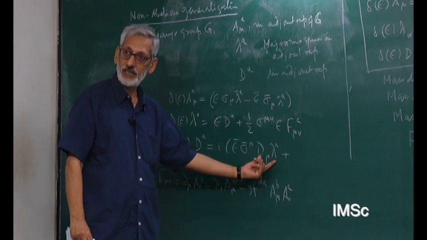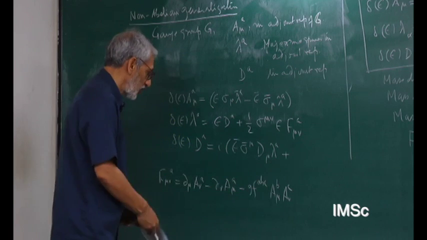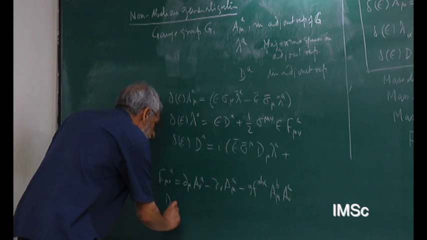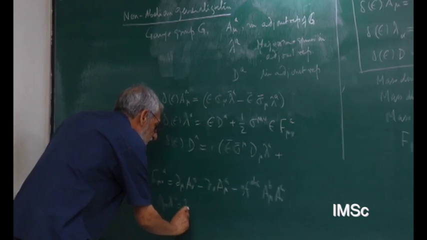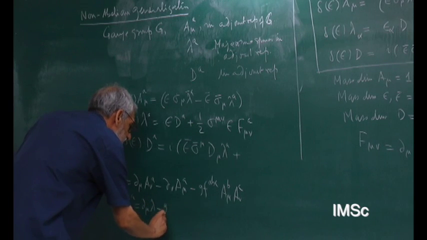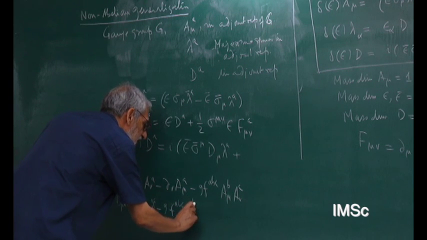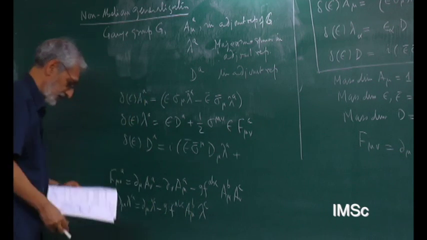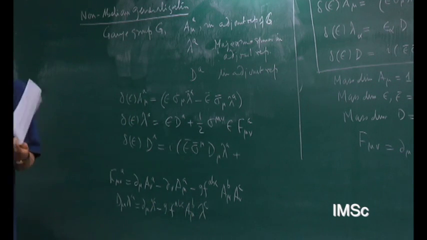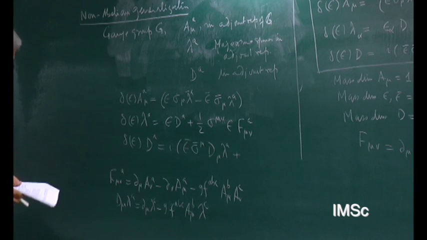That can change only if there is a covariant derivative. While the covariant derivative on lambda A is the ordinary derivative of lambda minus g f ABC A mu B lambda C. I think there is, in my conventions, a minus sign here, yes.